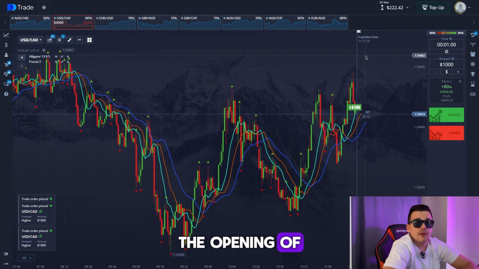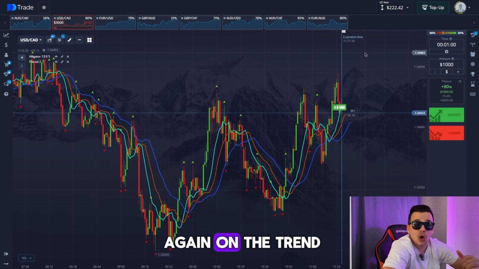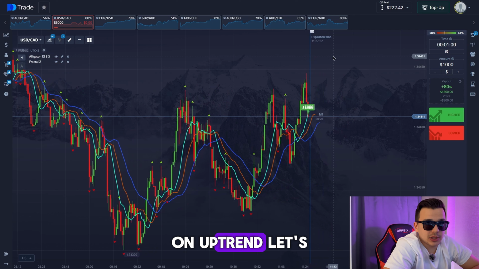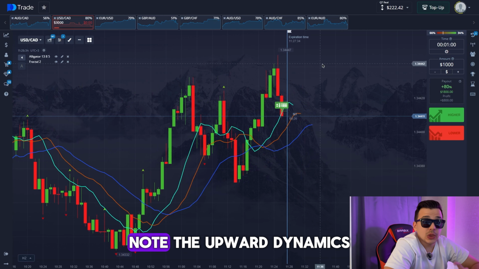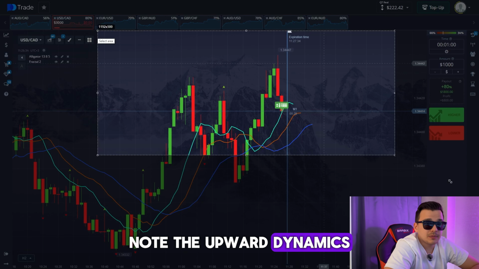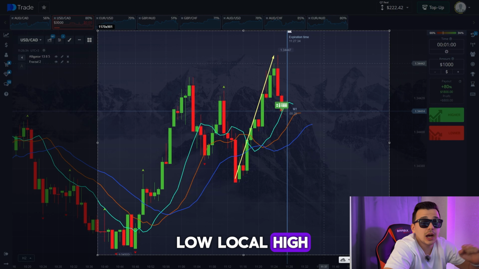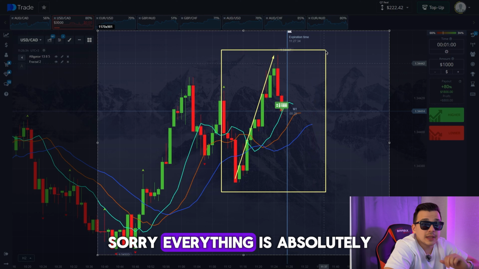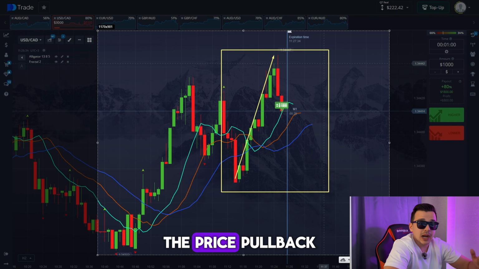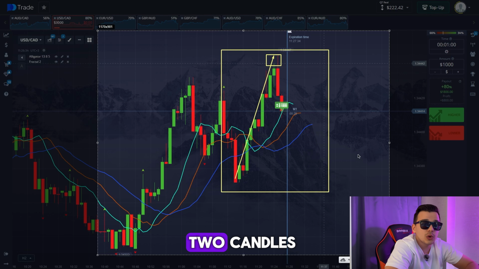The opening of our final deals is again on the trend. On the uptrend, let's highlight the working area. Note the upward dynamics. The dynamics we have in this area is going up, updating the local high. Everything is absolutely the same. The price pullback in the form of 2 candles.